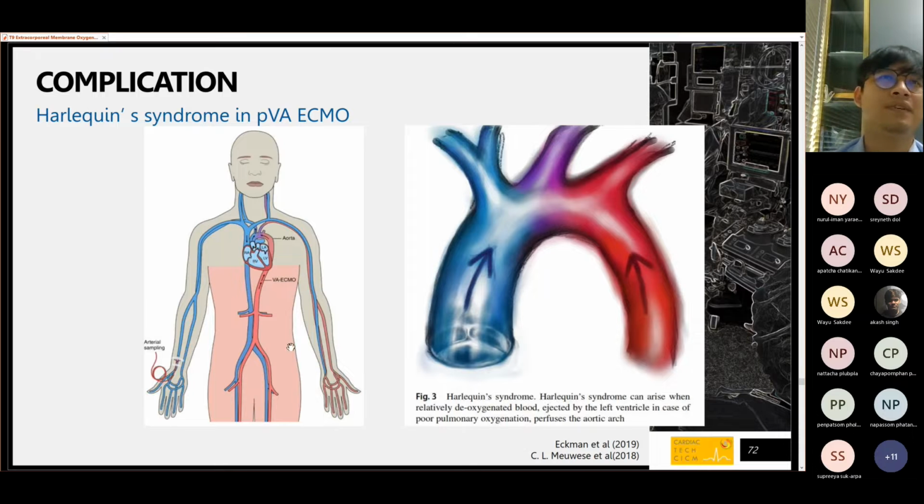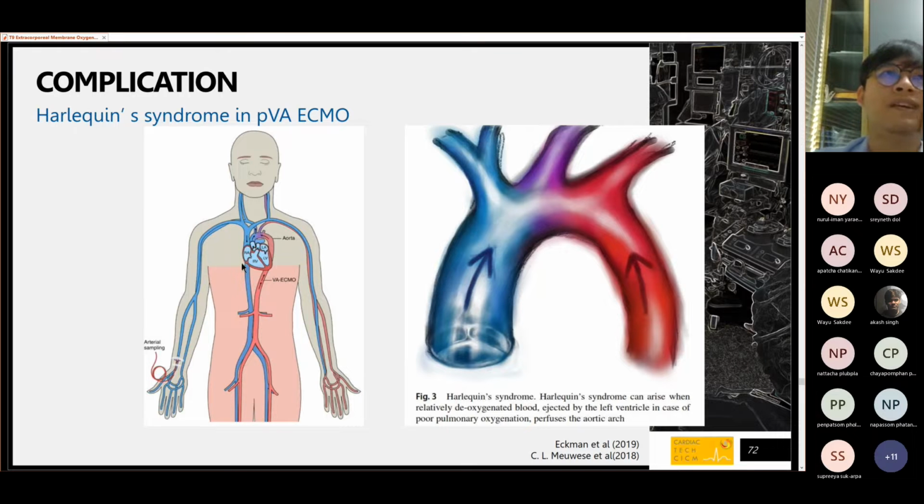So the ECMO can support the whole body, but after that the heart is going to recover and pump with more power. The flow is going to go against each other, between the heart flow and the ECMO.